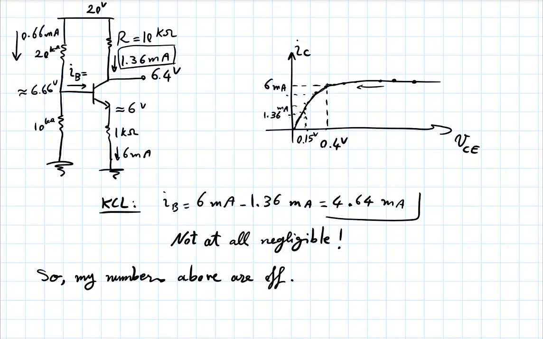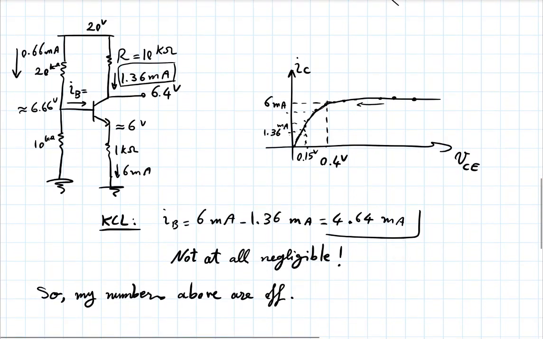Okay. So far, we've spent a lot of time on this problem without finding the solution yet. But what we have seen is exactly how a circuit designer thinks when they see a problem like this. This is what I want you guys to see and the way I want you to think.